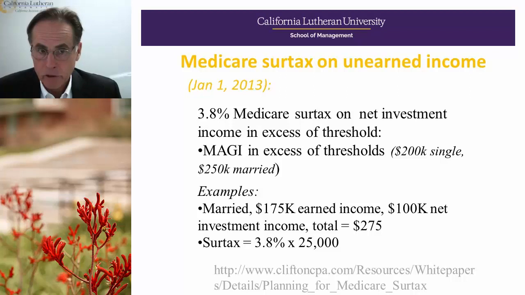Looking back again, there's going to be a surcharge on net investment income if that MAGI exceeds $250,000. In this case, there's $275,000, there's an excess of $25,000, so there's going to be a surtax for purposes of Medicare of 3.8% times $25,000.